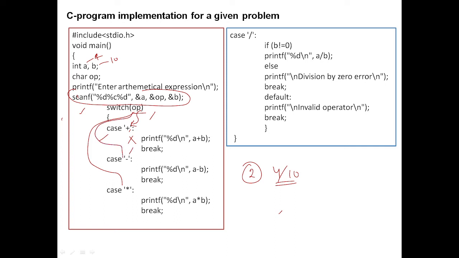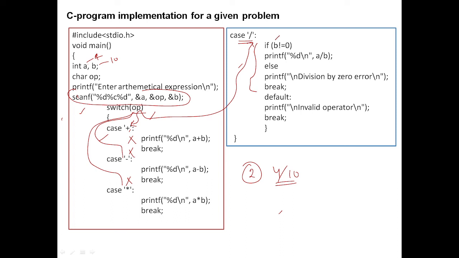There is no match, so this case will also be skipped, and then the third case will also be skipped. The next case is the divide symbol. Here the content of OP matches perfectly with this case value. So whatever statements are present in this case will all be executed.